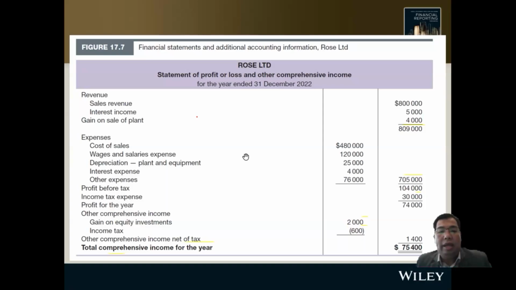There is cash flow from operating: cash received from your customer, cash paid to suppliers, interest received, interest paid, income tax expense. This gives you net cash flow from your operating activities.